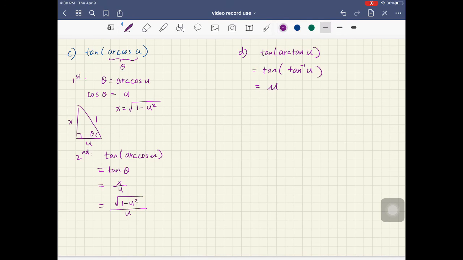It means I go from point A and take the function f to a point B, and then I take the return trip, the inverse function, from exactly the place B, and go back. So I should return back to A, if f is a one-to-one function, meaning f has its own inverse function. So for D, tangent of arc tangent of u, or tangent of tangent inverse of u, should equal u itself.